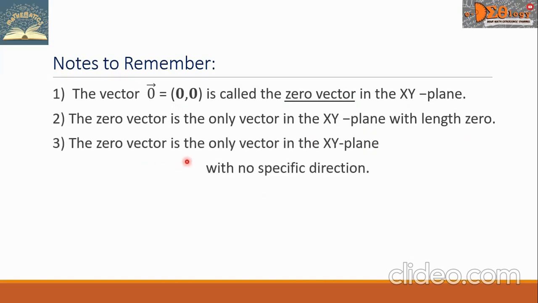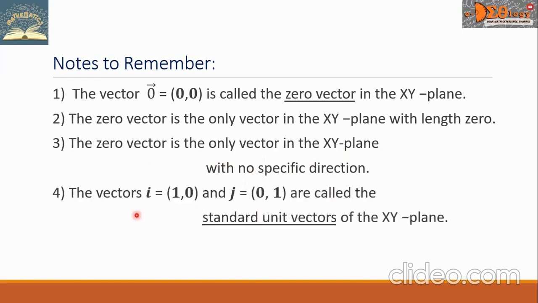The 0 vector is the only vector in the xy plane with no specific direction. The vectors i with coordinates 1, 0 and vector j equals 0, 1 are called the standard unit vectors of the xy plane.